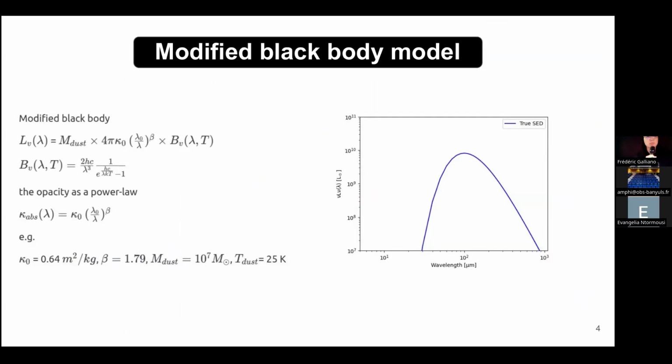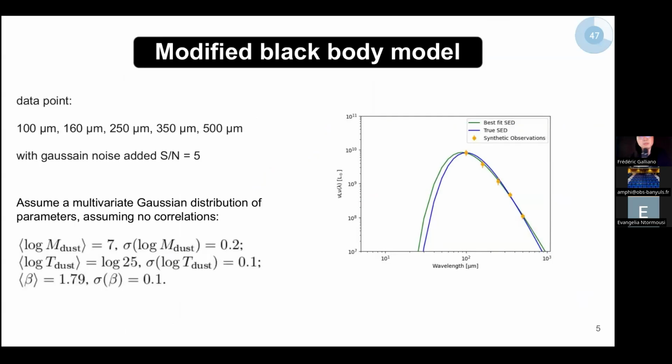Okay, so usually we use a modified blackbody spectrum to simulate the continuum emission of the dust. It is based on the blackbody spectrum, but with an opacity factor, and we also need to scale it according to the dust mass. Here you can see the shape with a given set of parameters.